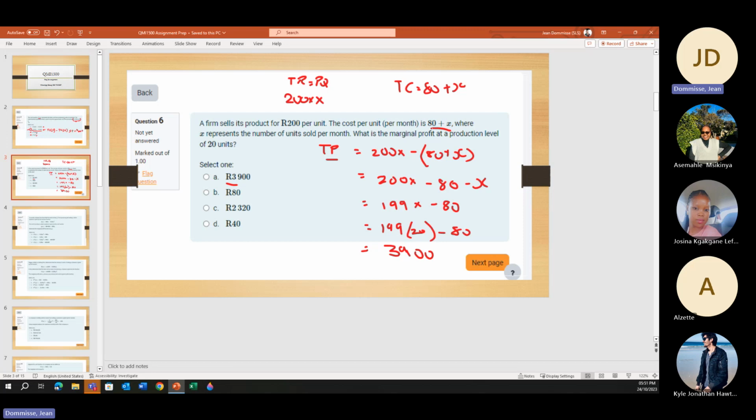Because what I now worked out is total profit. Do you guys agree with me on that? So it's not the same as marginal profit, because marginal profit will be the first derivative of that.